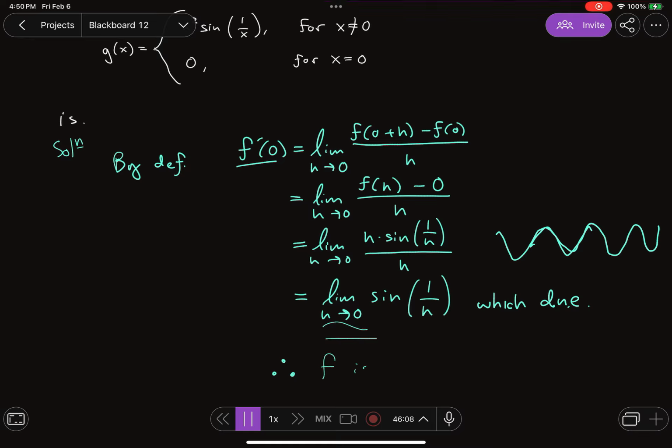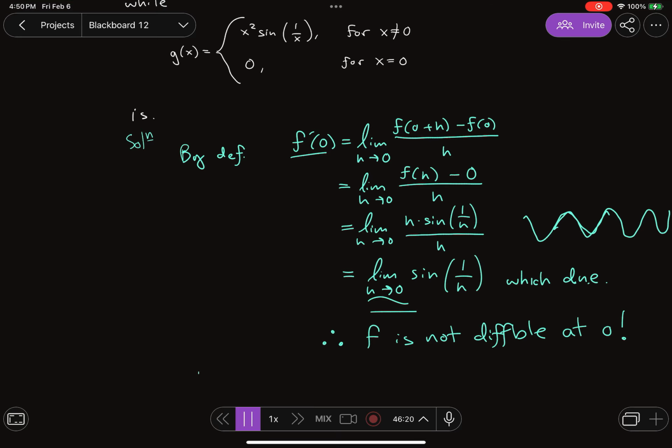But let's look at this other function, g of x. Let's see what happens here. G prime of 0, that is going to equal the limit. Notice the only difference is we have an extra x out front. So it's almost like we multiplied f of x by an extra x to create this new function, g of x.